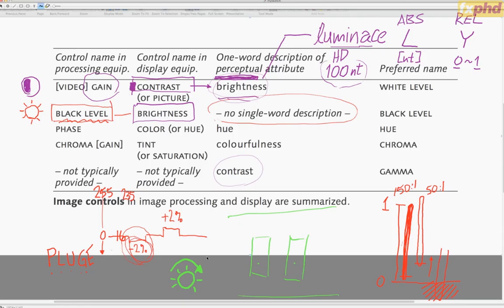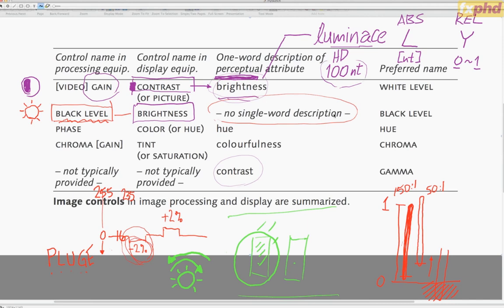Your goal in setting PLUGE is to crank the knob down, and this bar will get darker and darker. This gets darker and darker. This bar will disappear into the background. At that instant, black level is set correctly. This plus 2% bar ought to remain visible. But this is not really used to set PLUGE. It's just a check after the fact. So that's the story on monitor controls, brightness and contrast.